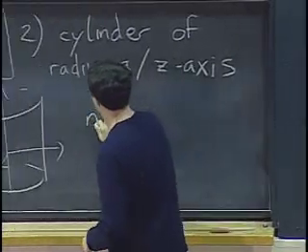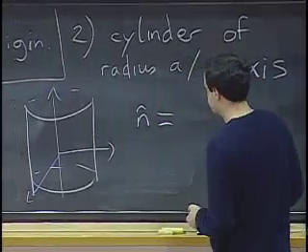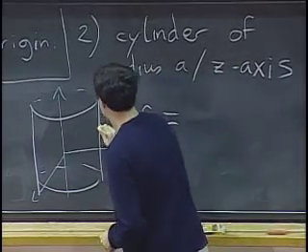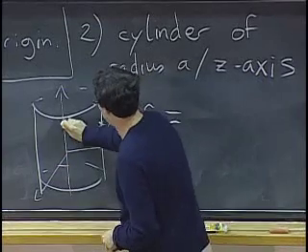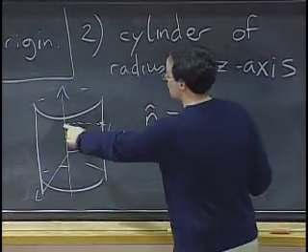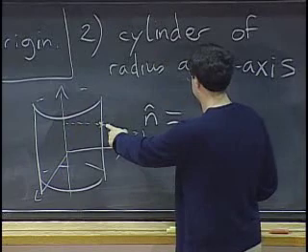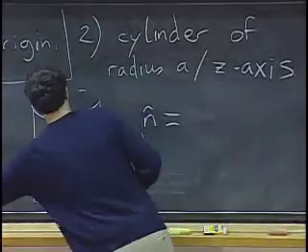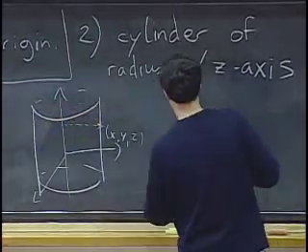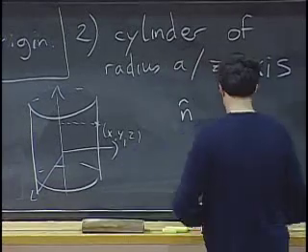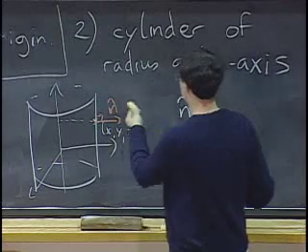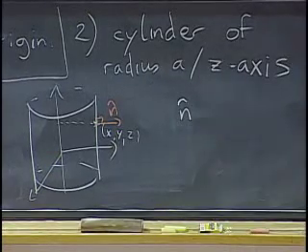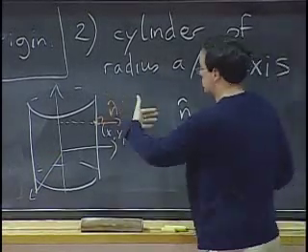So, I claim, the normal vector for the cylinder: if you have a point here at x, y, z, it would be pointing straight out away from the central axis. So my normal vector, if I'm taking it to point outwards, will be going straight away from the central axis.